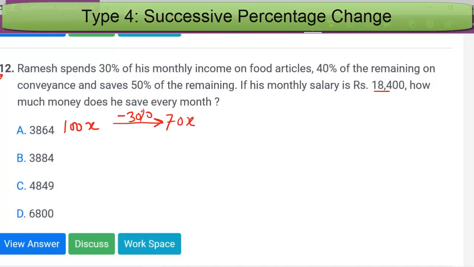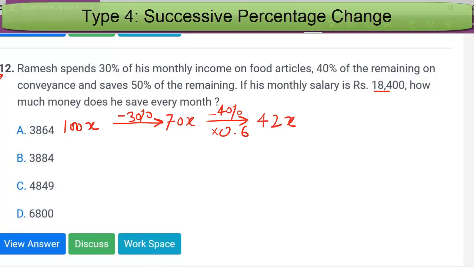Then 40% of the remaining, so out of 70x he has spent 40%, so he is left with 60% of 70x. I can get this value by multiplying by 0.6, so that will be 42x.